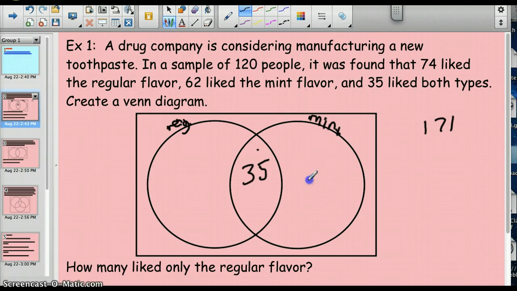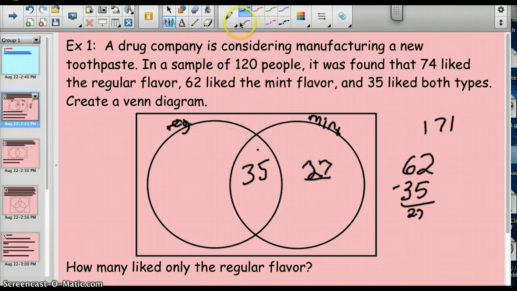So to figure out what goes over here, I'm going to take the total number of people that like mint, 62, and subtract out the 35 people that like both mint and regular toothpaste to figure out how many people only like mint. 62 minus 35 is 27. This indicates that there are 27 people over here in the only mint column. 35 like both, only 27 only like mint.